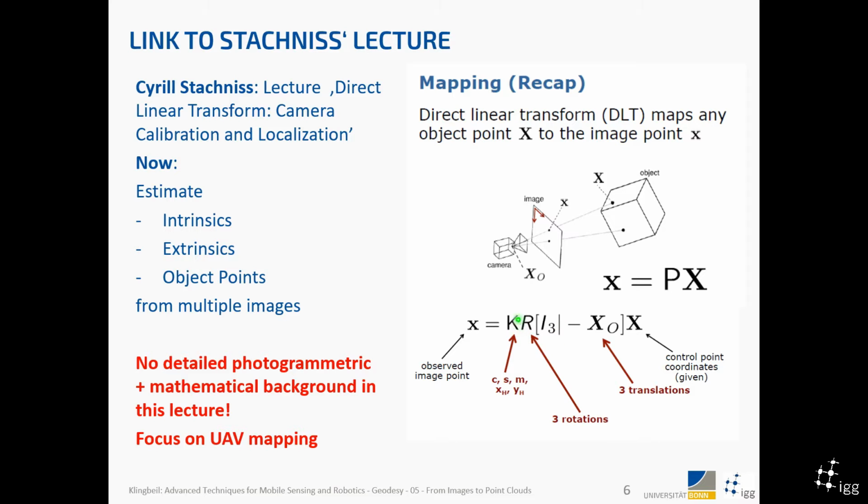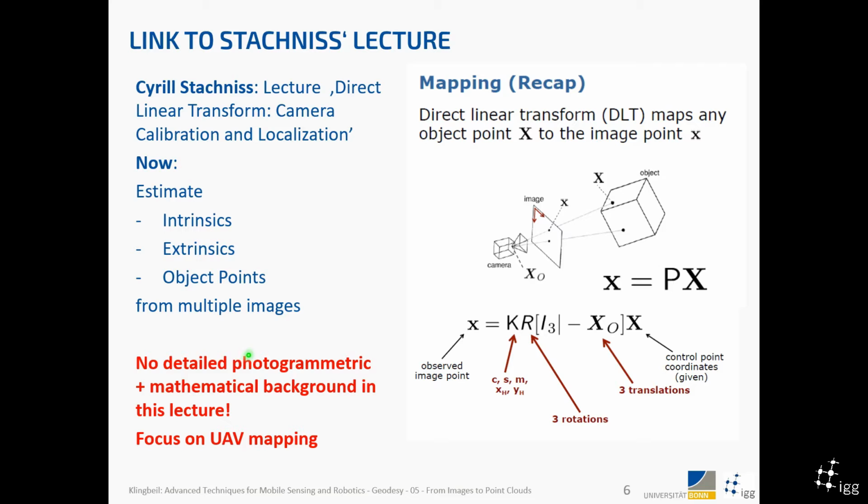These are parameters which determine the behavior of the camera, of the lens system, and so on. And the other things are the object points here, which are projected to the image. So what we now want to do, we want to estimate the intrinsics and the extrinsics and the object points from multiple images. So this is what is usually done in this so-called structure from motion pipeline.